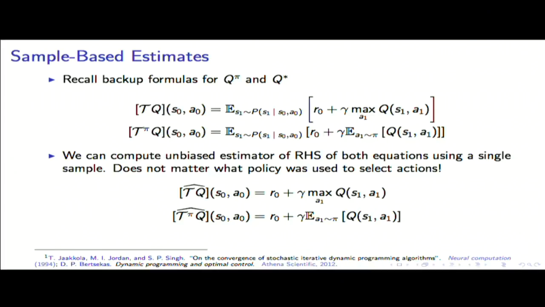All we need to compute this right-hand side is one state transition: S0, A0, R0, S1. We don't need A1 because we're taking the expectation over that. We don't care what action you actually took at time step 1, because we have an expectation over A1. So it doesn't matter what policy we actually executed for computing the right-hand side of these formulas, as long as we had S0 and A0. Does that make sense?